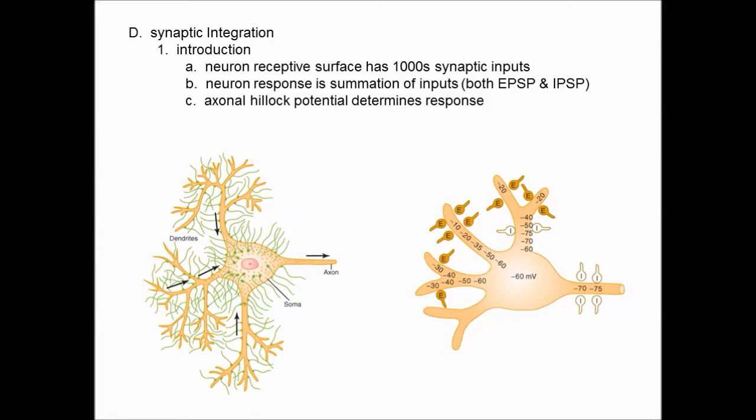Okay, this is the concept that really is key to understanding the nervous system, and it takes a while to understand. That is that a given neuron receives inputs from numerous sources, as is shown very elaborately on this figure. Neurons have a receptive surface that includes not only the cell body but also all those dendrites.